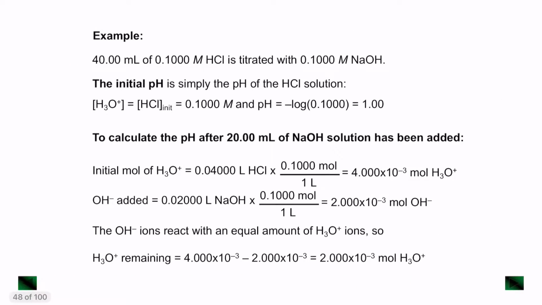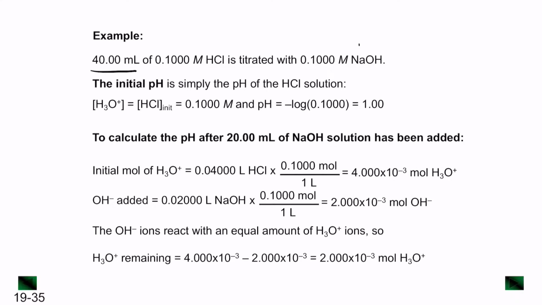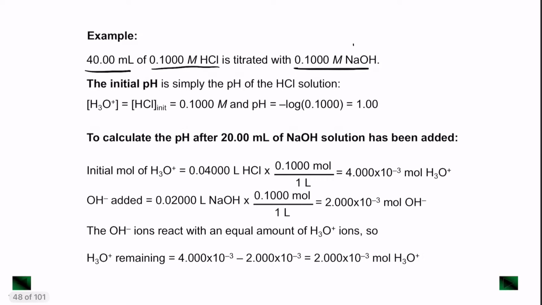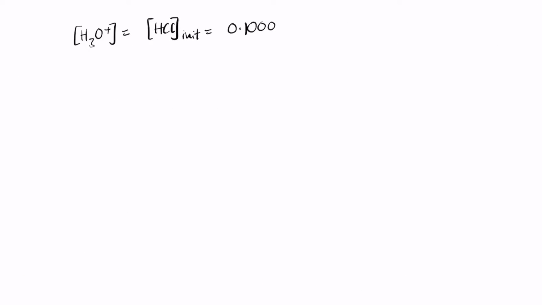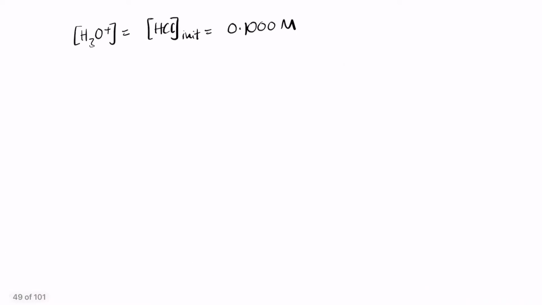So let's take an example problem. What is given here? You have 40 mL of 0.1000 M HCl titrated with 0.1000 M NaOH. First we need to calculate the initial concentration of H3O+, which is the initial concentration of the acid, 0.1000 M. Let's calculate the initial pH.